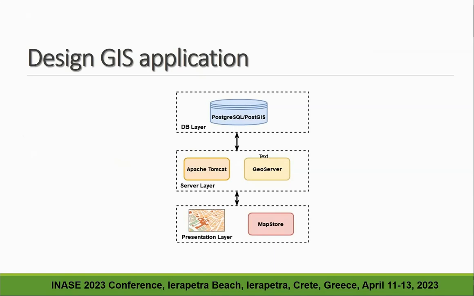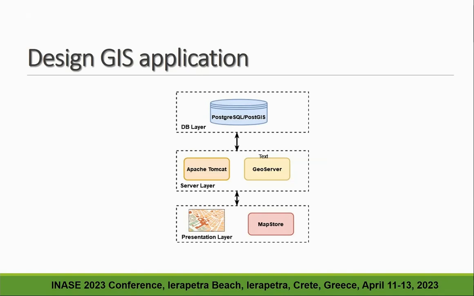PostgreSQL has been used as the database management system along with its spatial data extension PostGIS. The server layer contains two servers. One is GeoServer, which works with the spatial data, and the other is Apache Tomcat, which works with the database with the information of the sanitary protected zones.